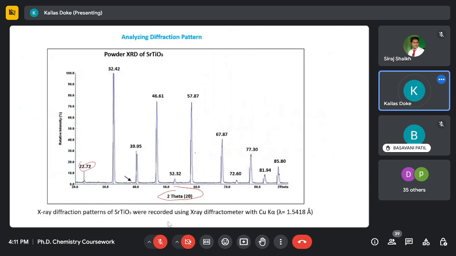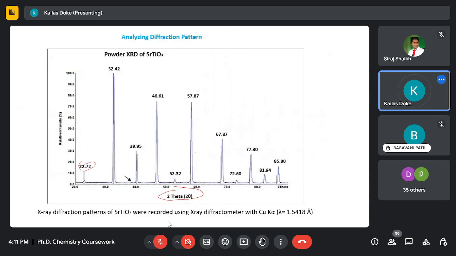So this is 22.72, a diffraction peak at angle 2 theta. This is second, third, fourth, fifth, sixth, seventh, 8th, 9th, 10th, and so on. So approximately in the XRD's diffraction pattern, these are the 2 theta values.